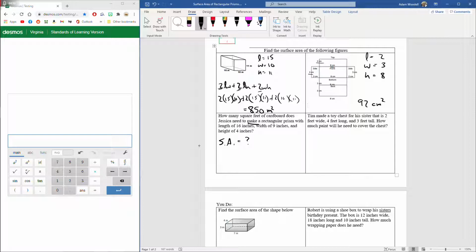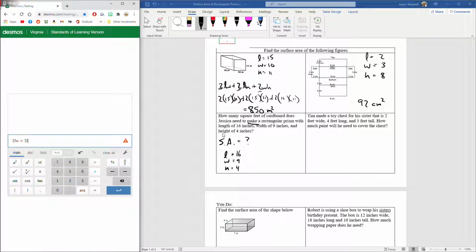I like the Desmos calculator method of doing this, so I'm going to write down what my length, my width, and height are. The problem tells you the length is 16, the width is 9, the height is 4. Then I'm going to quickly type in my formula because I deleted it by accident.